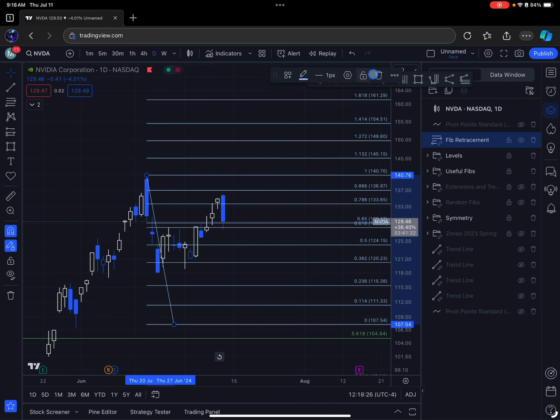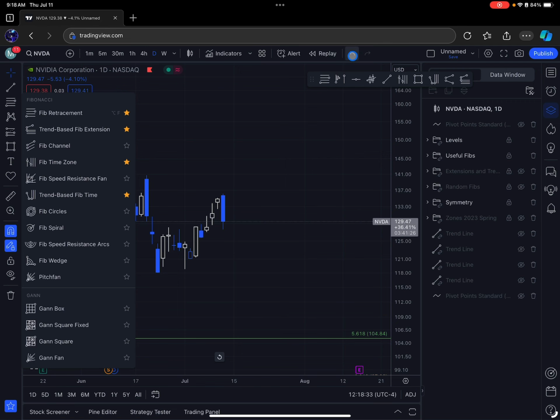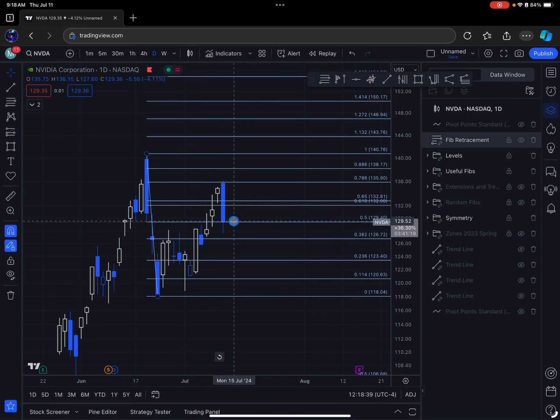So it's one thing I'm thinking about, and in the context of wave 2, that makes sense, because if I put that fib back up, we're at this 0.5 right here. So either we popped above and it's a discount for sellers looking for that lower high in the range, or it's a dip for buyers.